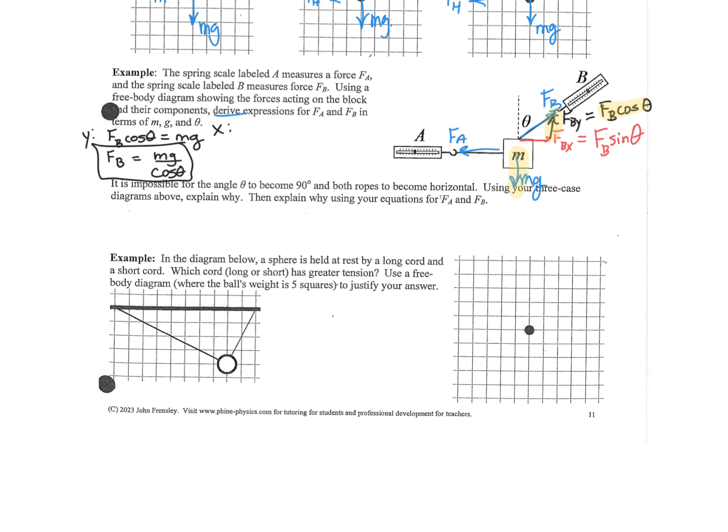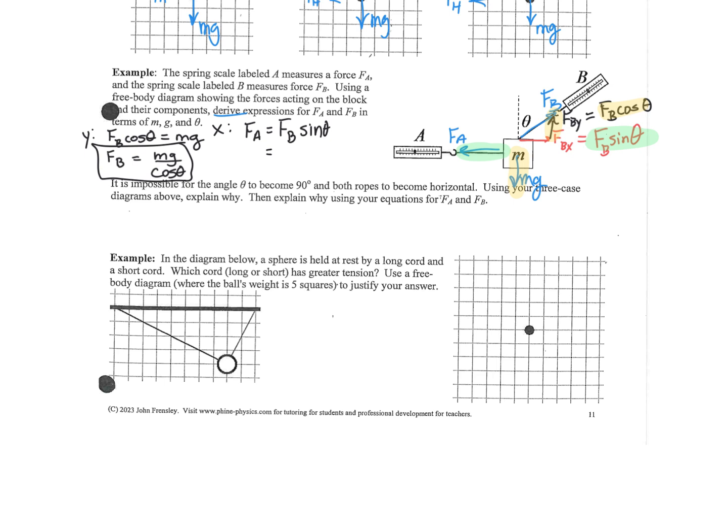Now in the x direction, what do we know? Well, in the x direction I have F sub A and I have this guy. So I know that F sub A is equal to F sub B sine theta.